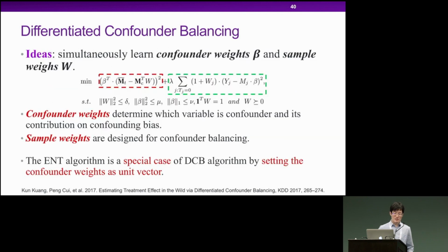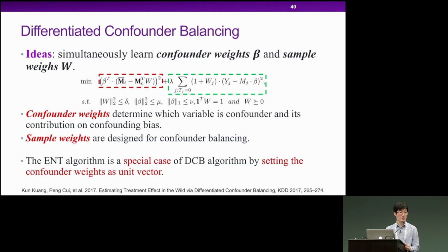And then we propose a model to simultaneously learn the confounder weights beta and the sample weights w, right? The w is the same or similar to the traditional way. We use w so that the weighted moments of the control group can approximate the moments of the treated group, right?